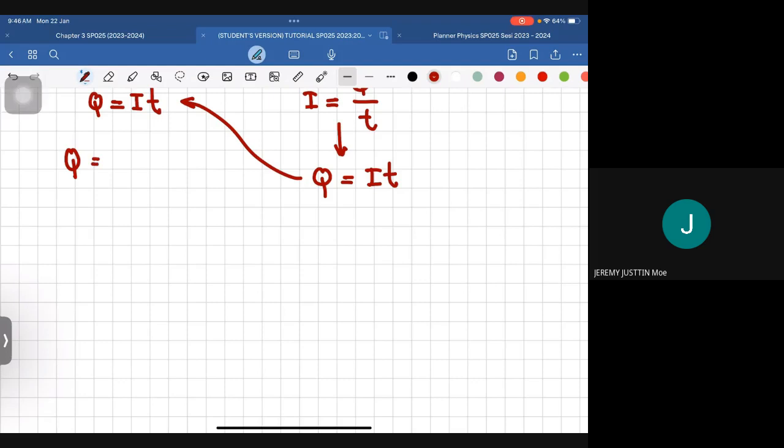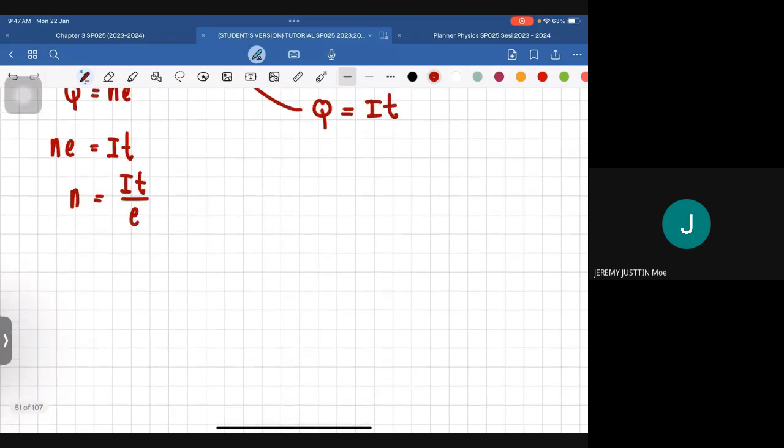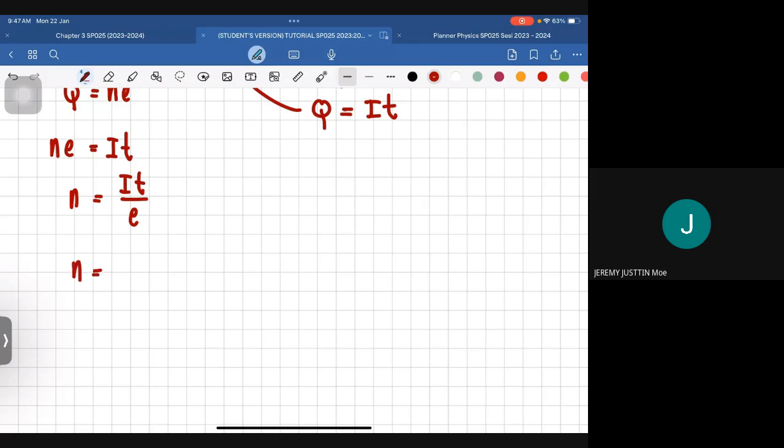So, since we know Q is equal to NE, so kita boleh substitute NE equal to I T. So we are looking for N, so this is I T over E. Right, so from here, I is 1.6, time is 3 hours. Remember, hours is not SI unit. So, kita perlu convert pergi second.